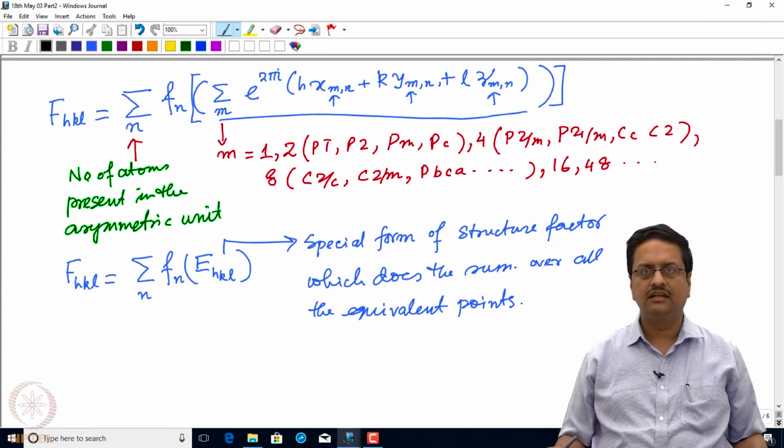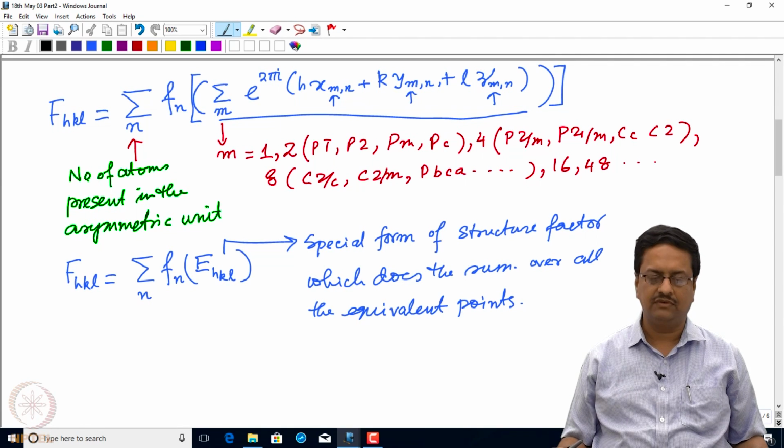In the previous lecture, we discussed the structure factor and its expressions in various forms. Then we saw how one can understand the relationship between the structure factor FHKL and rho XYZ, which is nothing but the electron density associated with every XYZ.